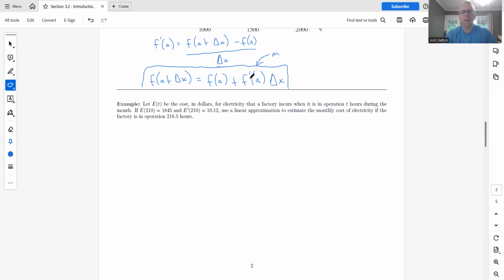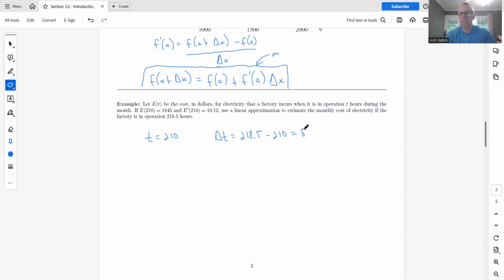And so basically we need to find these parts of this formula. Our a is the starting point, or well, t in this case. t is the starting point, which is 210. So that's our anchor. That's what we know. And then we want to get to 218.5. So our delta t is going to be 218.5 minus 210.